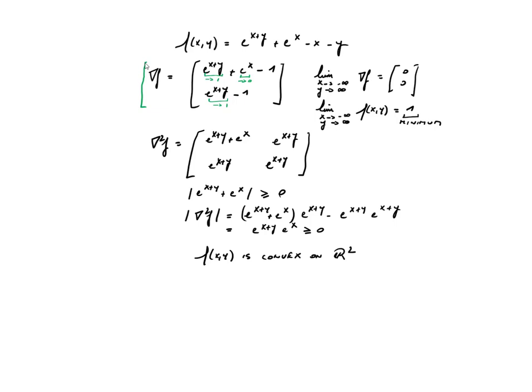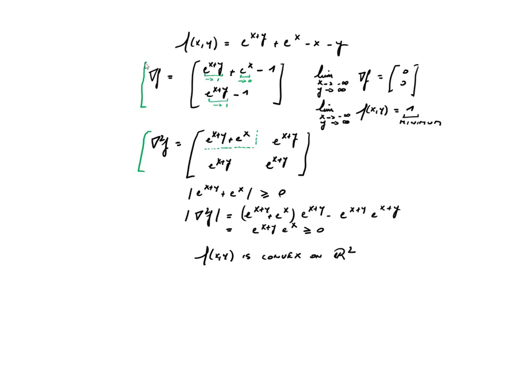The question was about convexity, so we have to compute the Hessian. Here it is, right? And then we compute the upper left determinants, or the leading principal minors. Well, obviously this determinant here, 1 by 1, is positive or 0.